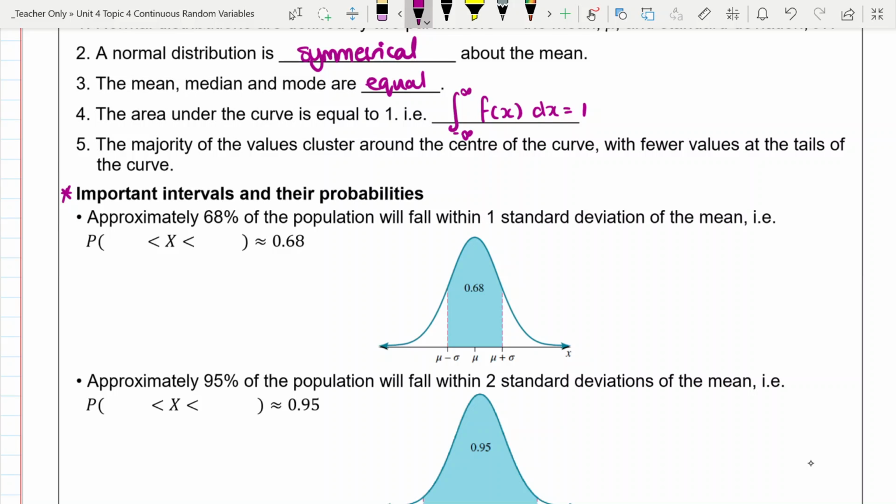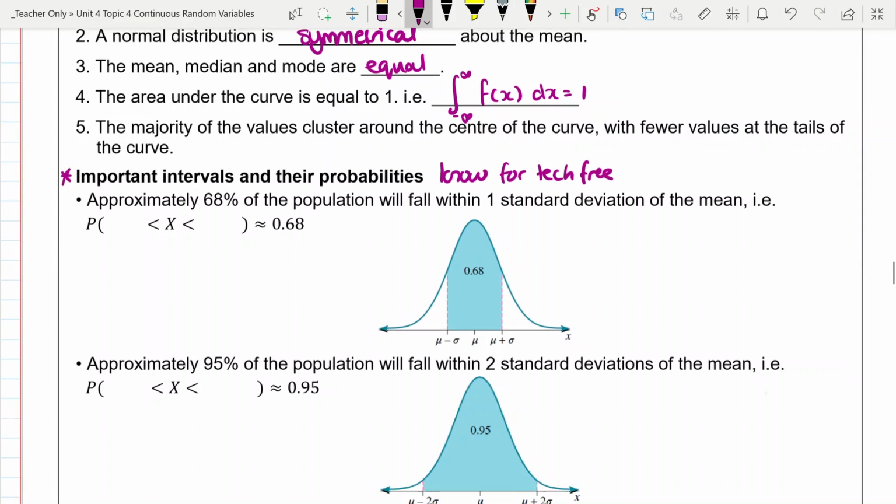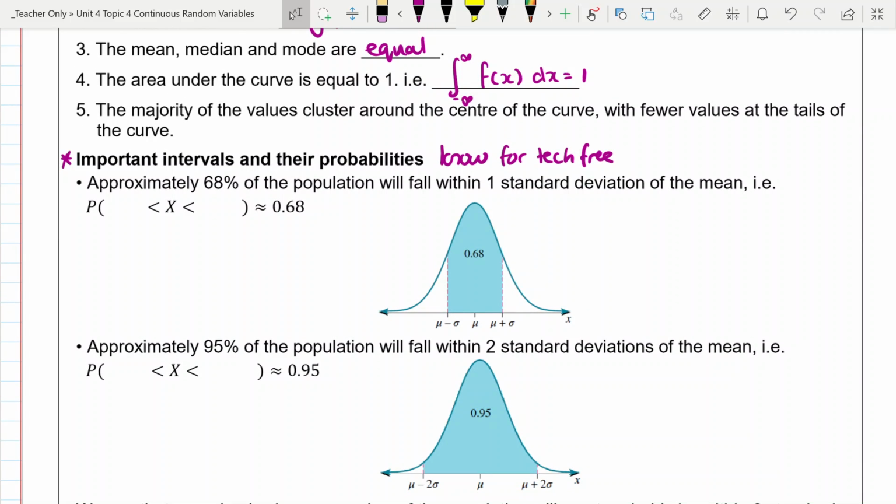Now, important intervals and their properties. Most of the questions you're going to get are tick active for this section of work, but you need to know these 3 intervals for tick free, off by heart. Approximately 68% of the population falls within 1 standard deviation of the mean, so my mean minus 1 standard deviation and my mean plus 1 standard deviation has approximately 68% of my population.